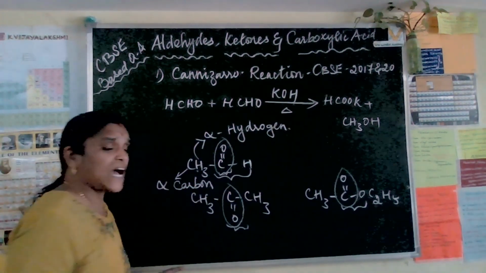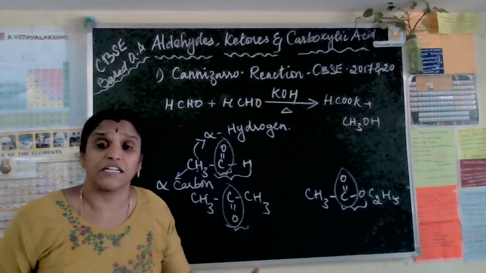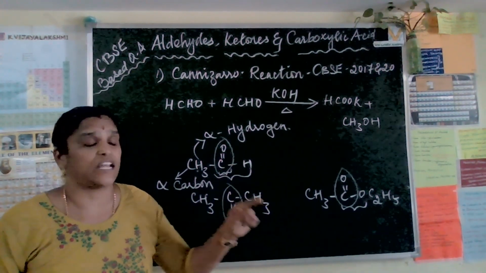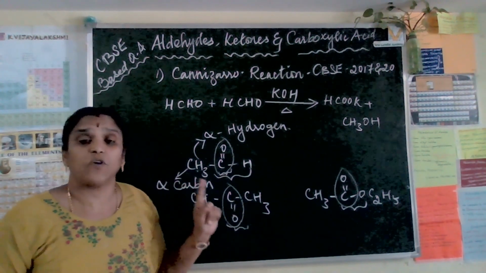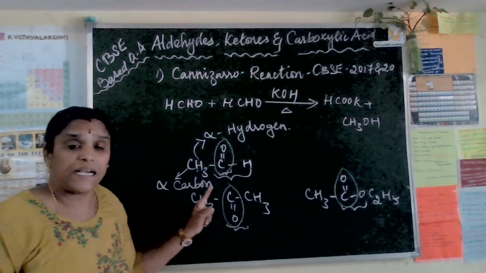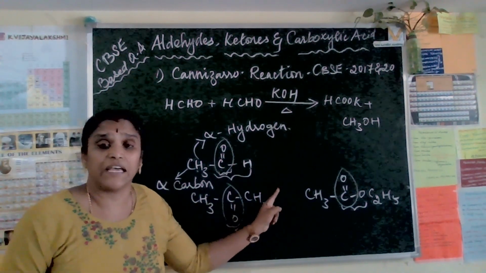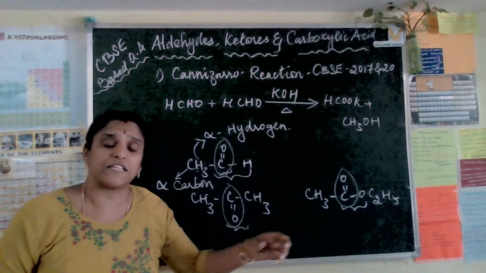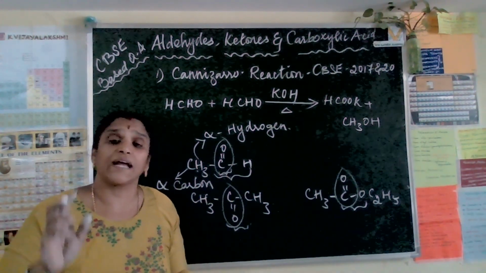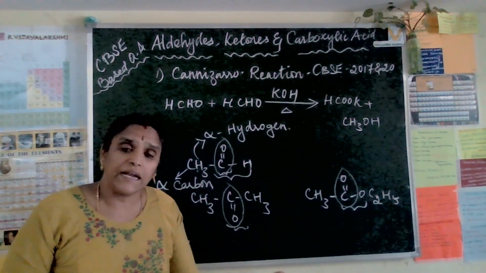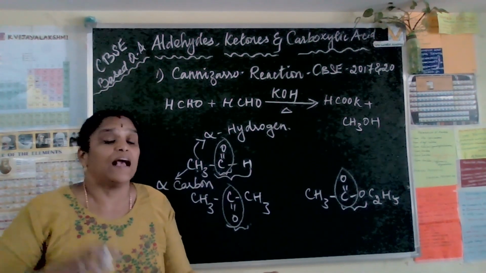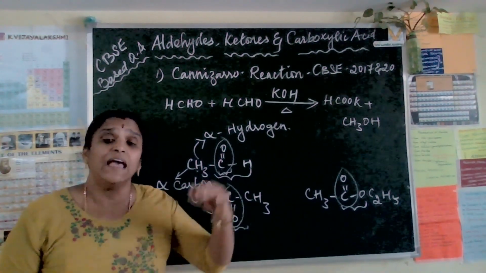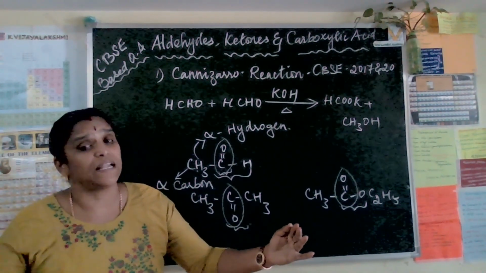Now this alpha hydrogen has a special character, which is acidic in nature. So this acidic nature, what it will do: this aldehyde combined with another aldehyde, a condensation reaction takes place, and you will get the product aldol. That compound has an aldehyde group as well as an alcohol group.